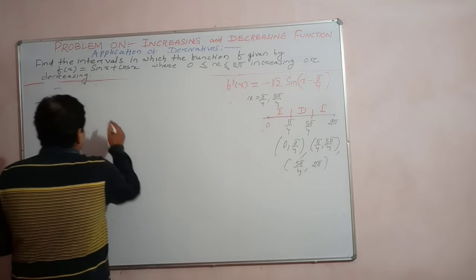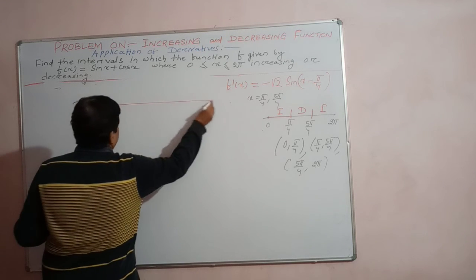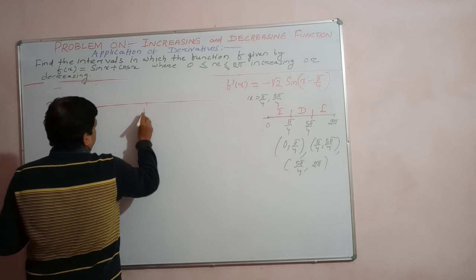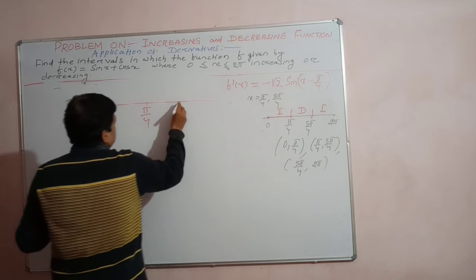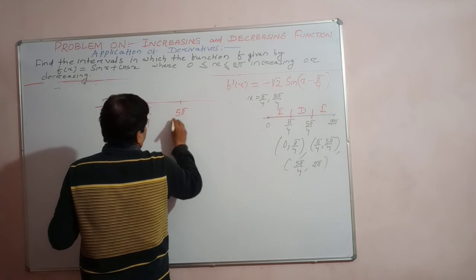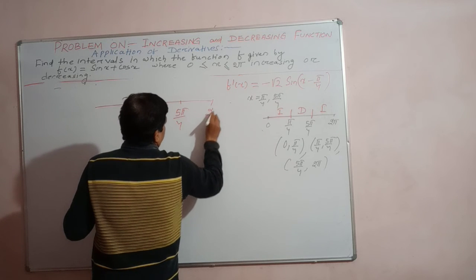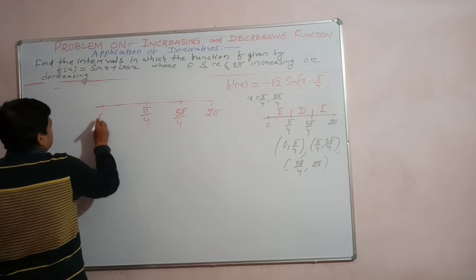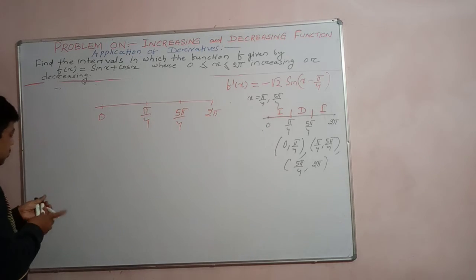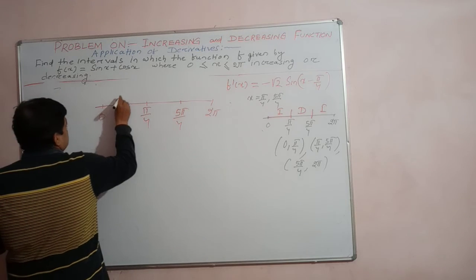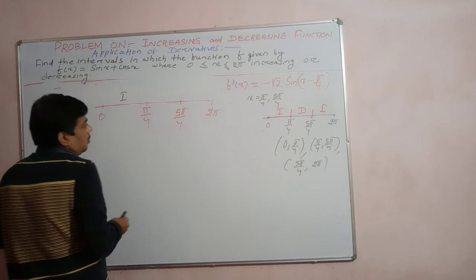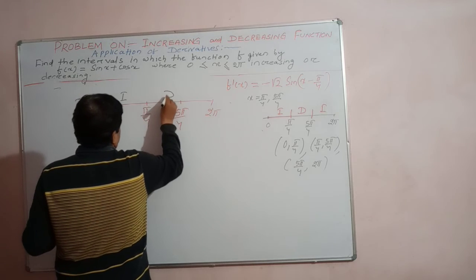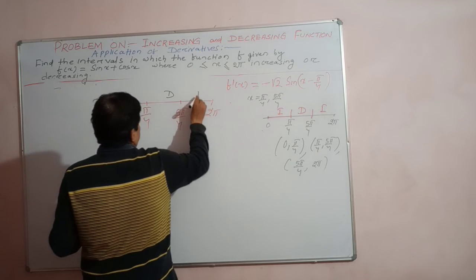You see now, this is pi upon 4, this is 5 pi upon 4, this is 2 pi, and this is 0. So in the first interval, 0 to pi by 4, the function is increasing. In the second interval, the function is decreasing. In the third interval, the function is increasing.